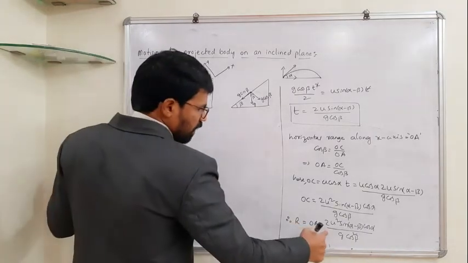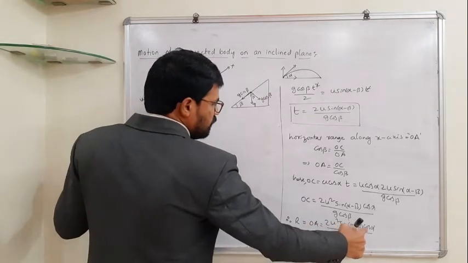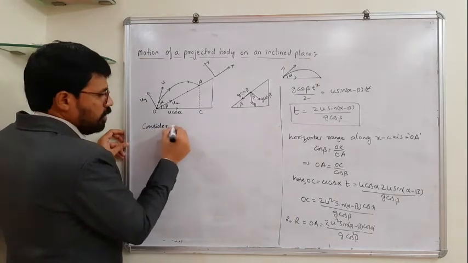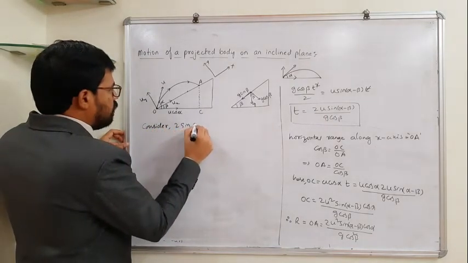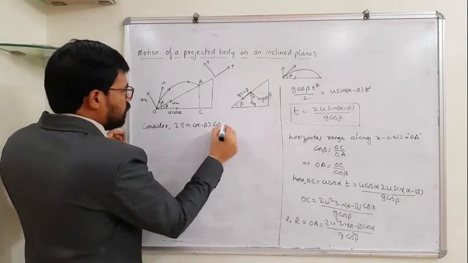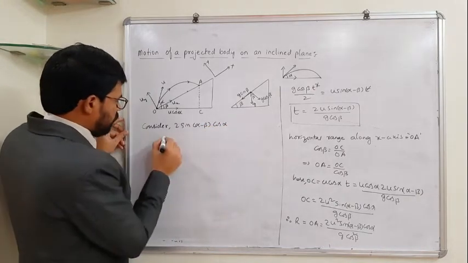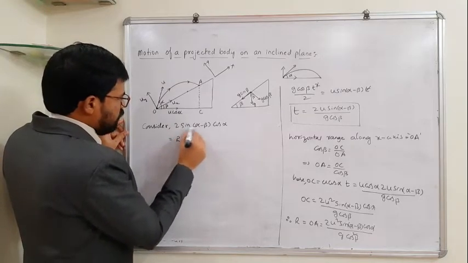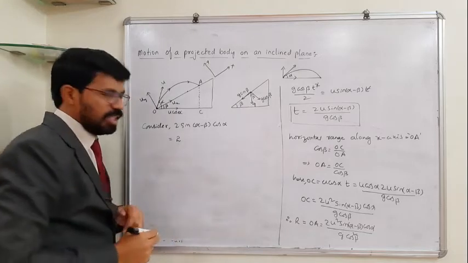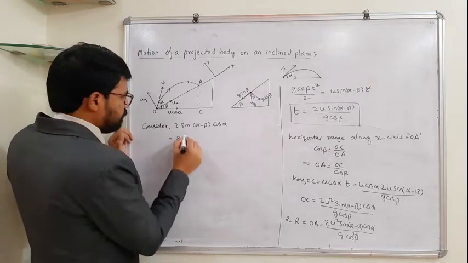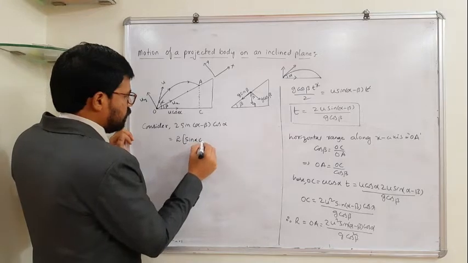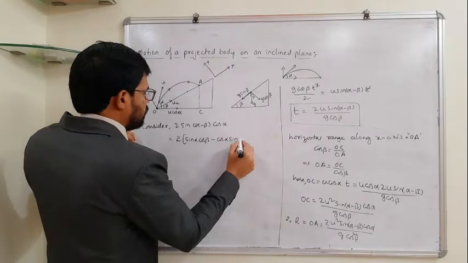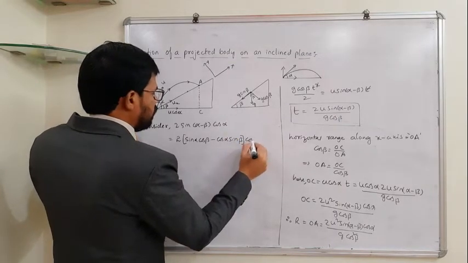In this equation, I'm going to consider 2 sine alpha minus beta into cos alpha separately. This is equal to 2 sine alpha minus beta, which can be expressed as sine alpha cos beta minus cos alpha sine beta, into cos alpha.